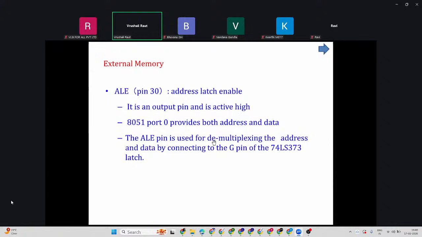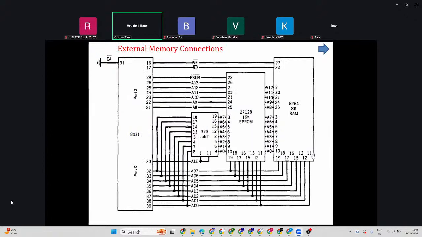ALE pin is used for demultiplexing the address and data by connecting to the G pin of the 74LS373 latch. It is the latch. I'll show it in the diagram and you will understand it. This is our 8051; instead of 8051, they are showing 8031 here.